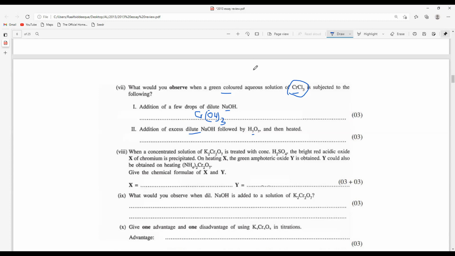So if you can remember, in the presence of OH-, chromium 3+ with H2O2, I have explained to you what is forming in the solution. What is forming in the solution? It will form CrO4 2-, which means a yellow color solution is formed, right? This is the reaction.